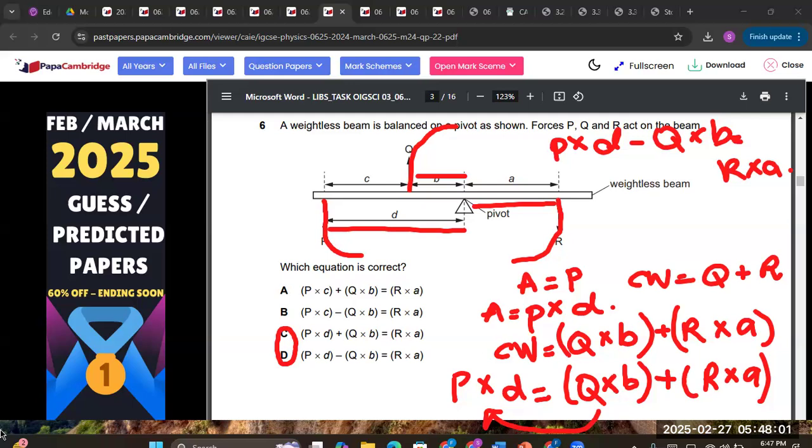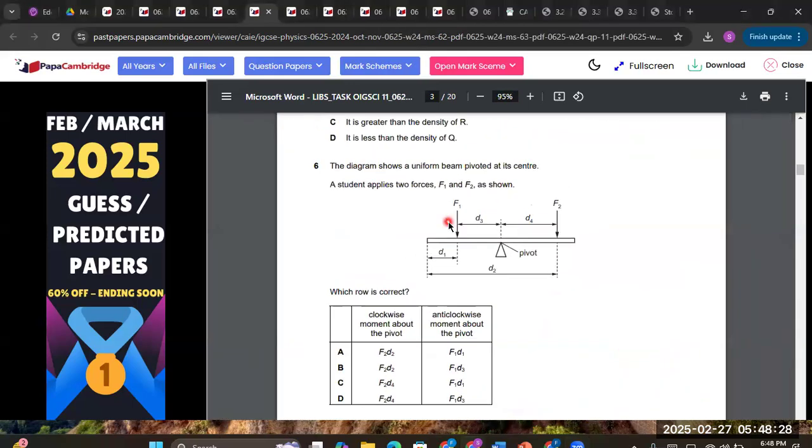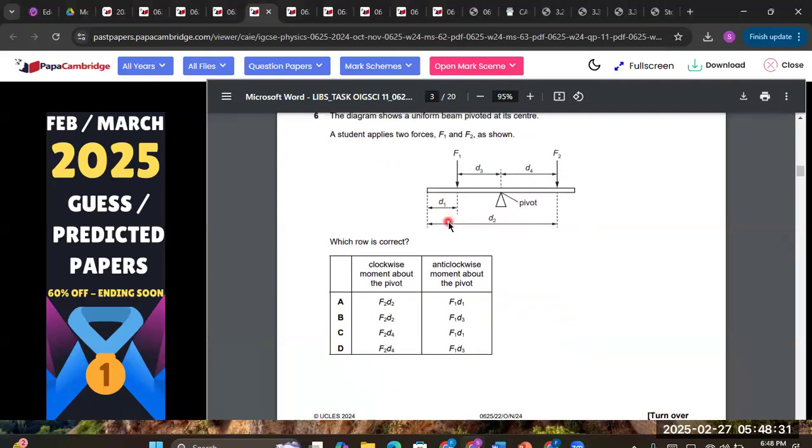Okay, let me share another question. Okay, take a look at this. The diagram shows a uniform beam pivoted at its center. The student applies two forces F1 and F2. Which row is correct?